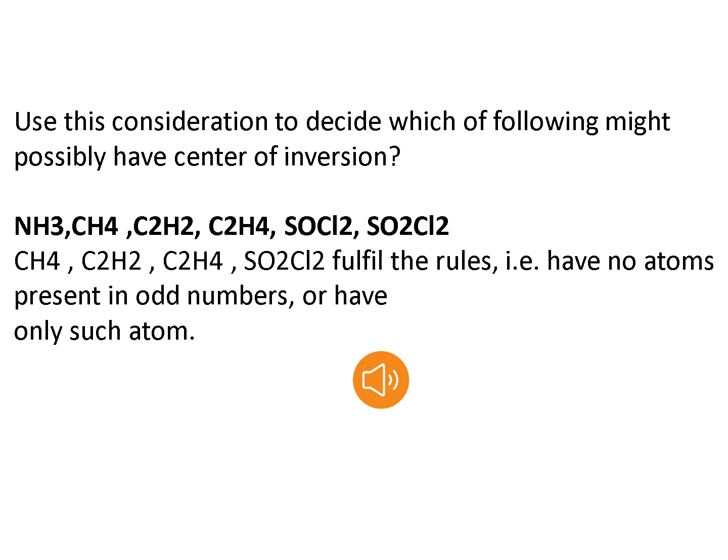Here CH4, C2H2, C2H4, and SO2Cl2 fulfill the rule: they have no atom present in an odd number, or have only such atoms. These four molecules have an inversion center, while the rest do not.